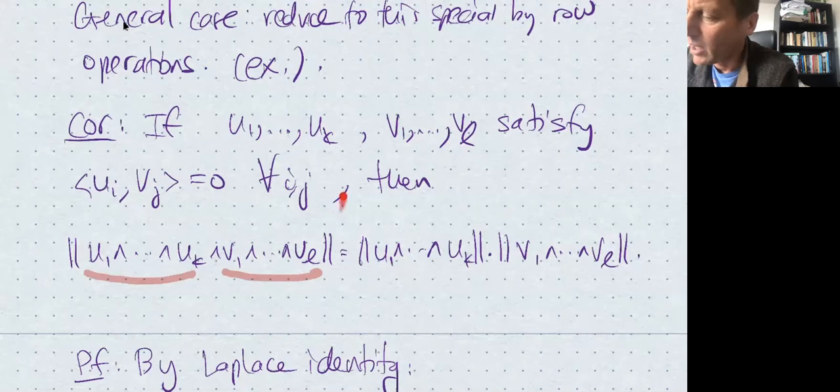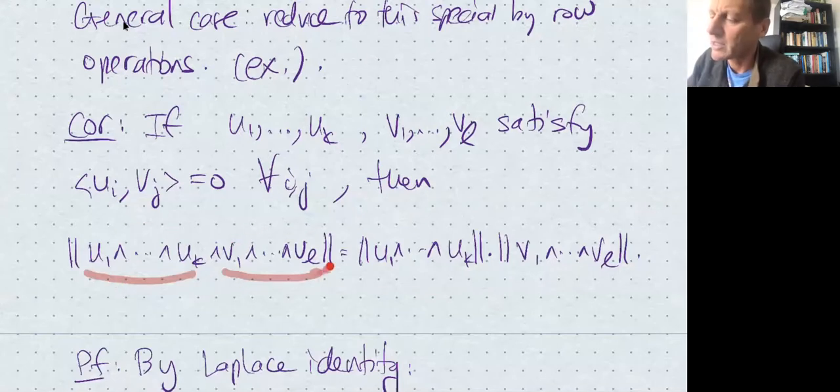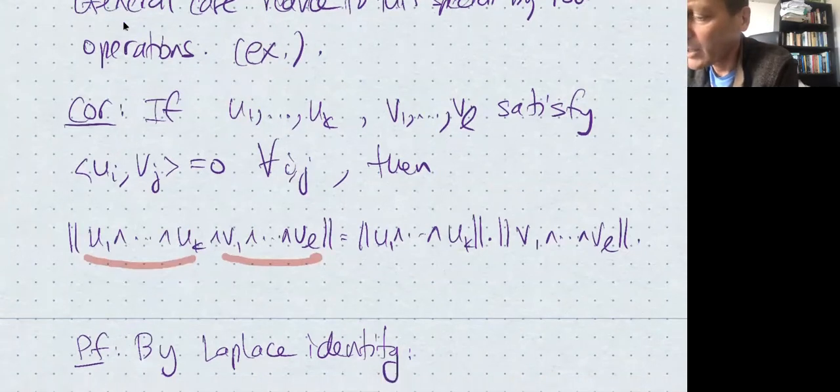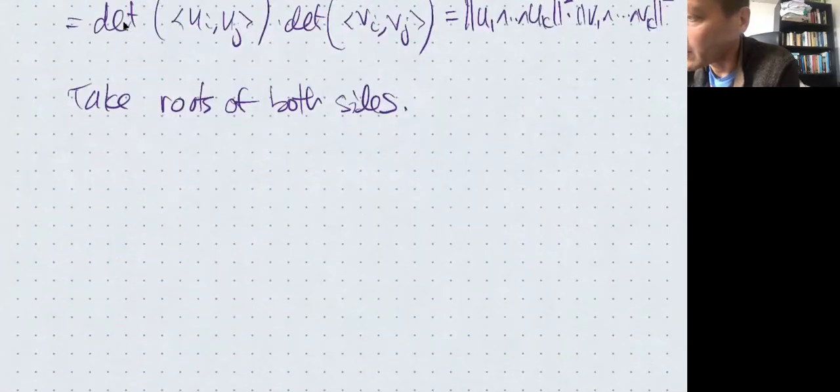Suppose you have equality in the inequality that we had before, and this is a p vector, this is a k vector, and this is an L vector. In other words, these are both decomposable elements. Then you conclude this orthogonality. But we're not going to be using that, so I'm not telling you the proof.